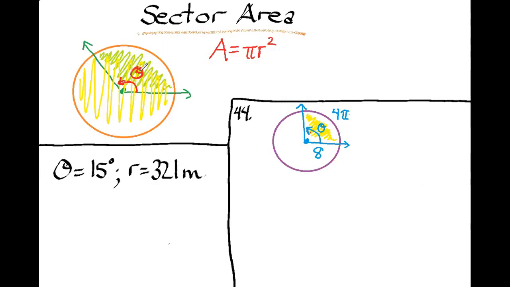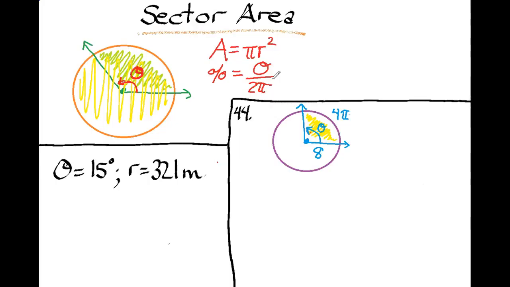And if we know our angle theta and it's measured in radians, we can calculate a percentage. So here, what percent of this area do we need? We need our angle theta in radians over 2 pi, because a complete rotation around your circle is 2 pi radians.